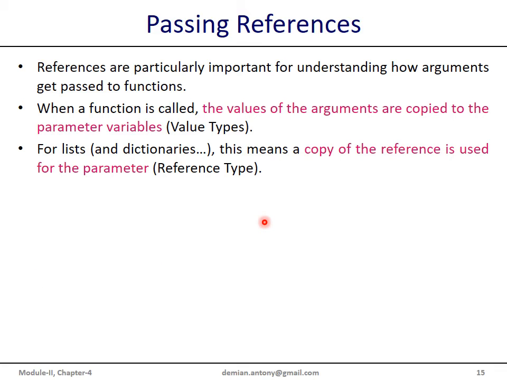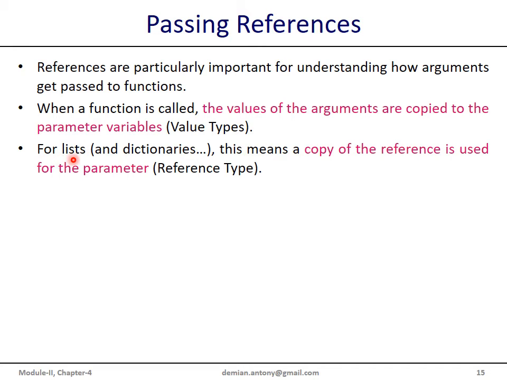Let us understand passing a list to a function. Normally, when a function is called, the values of arguments are copied to the parameter variables found in the function header. This happens to data types which are called value types, like integer variables and strings.